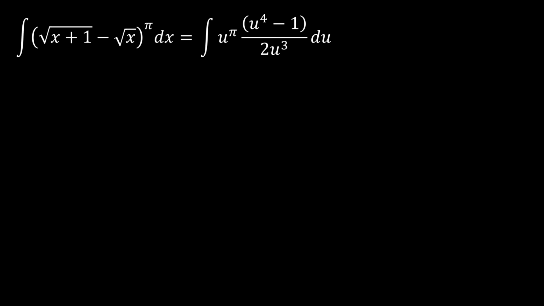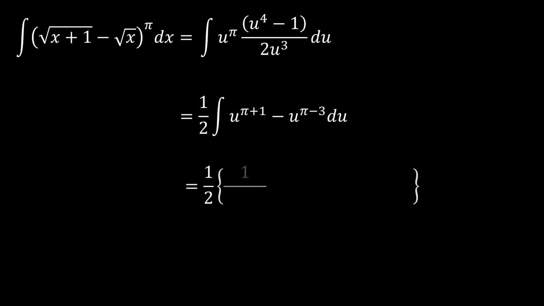So multiplying the u to the power 4 across, u to the power pi times u to the power 4 is equal to u to the power pi plus 4, divided by u cubed, we get u to the power pi plus 1. The constant obviously can be taken out, and then u to the power pi times negative 1 is the same as negative u to the power pi, and then divided by u to the power 3, we get pi minus 3.